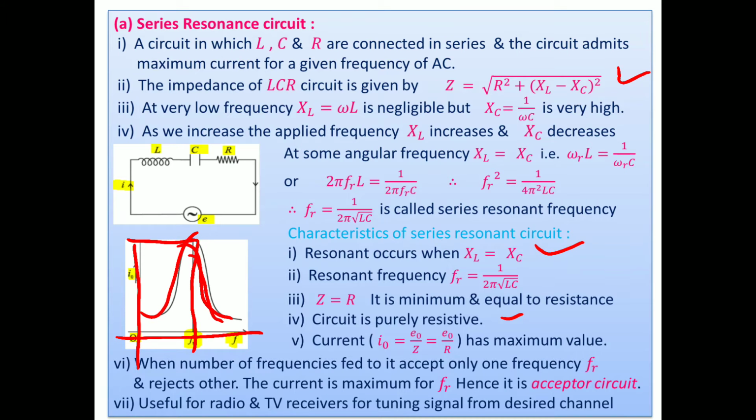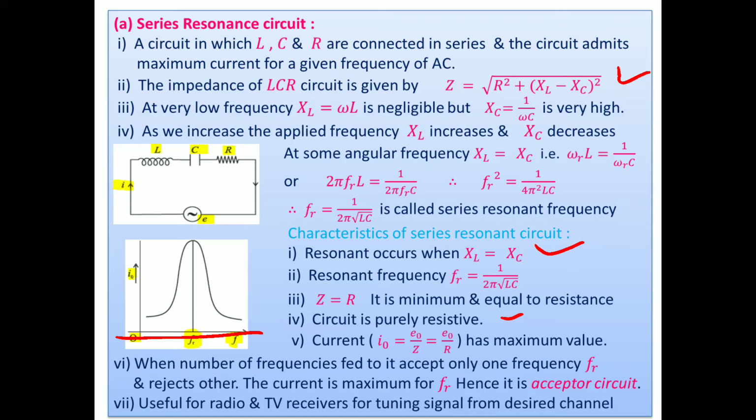This is the graph. Now, in this case, the current is maximum when, of the number of frequencies fed, it accepts only one frequency. Means so many frequencies are fed, then the current does not become maximum, but when it accepts only one frequency and rejects other frequencies, the current is maximum for FR.